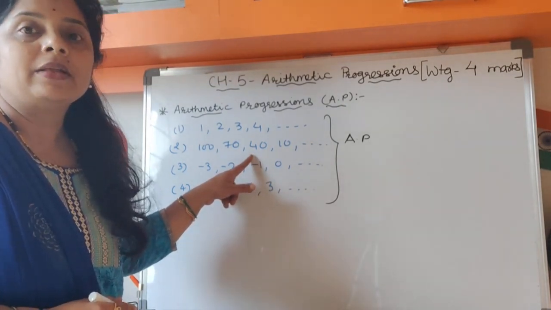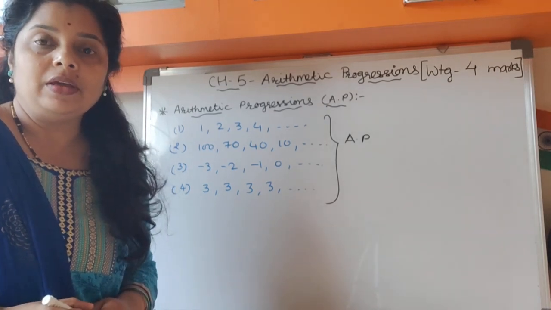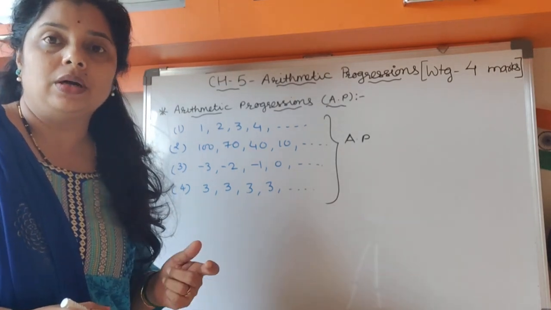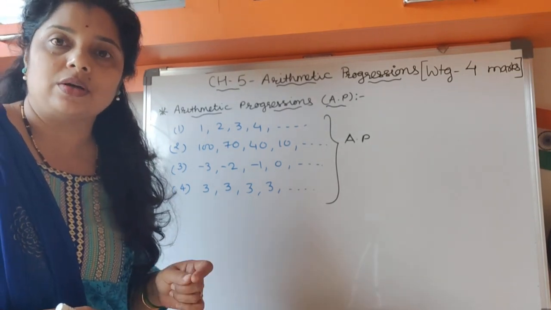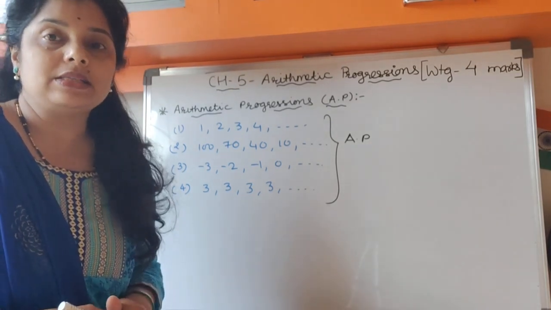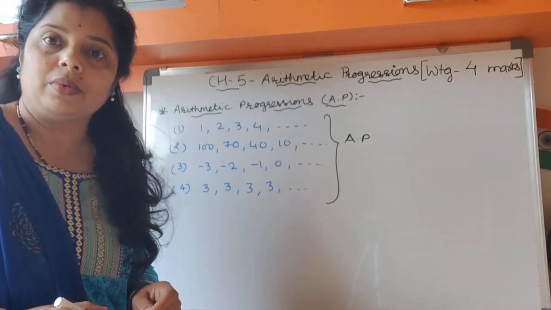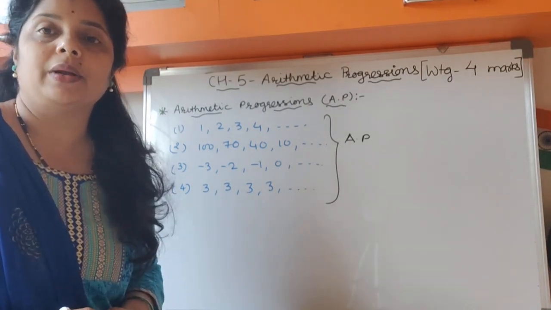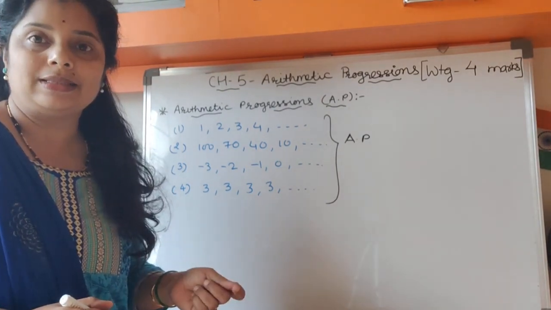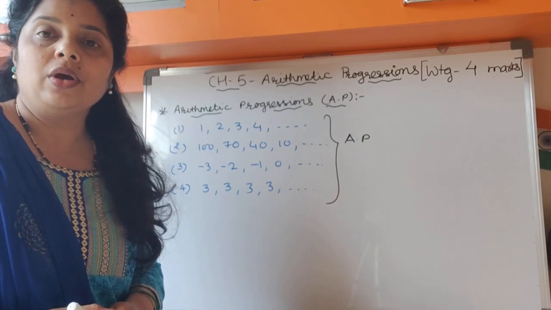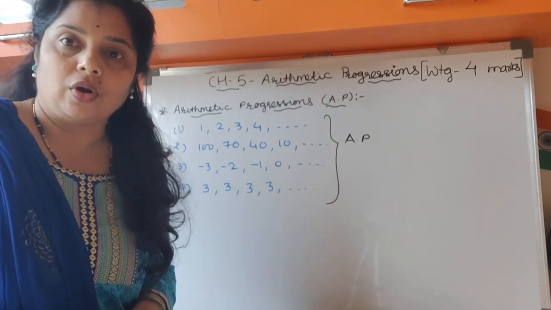In short, when a list of numbers has the difference between consecutive terms the same, that list of numbers we call an arithmetic progression. Now I am showing you one more example, and we have to check whether it is an AP or not.